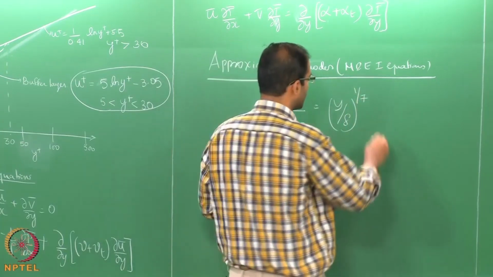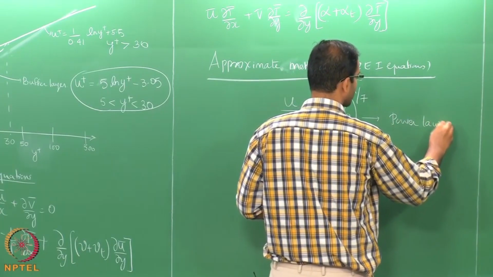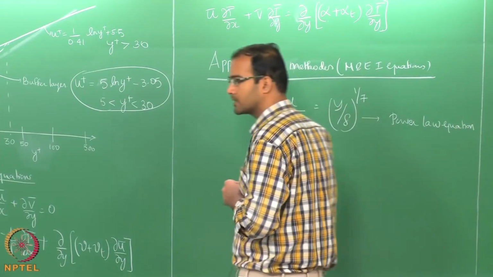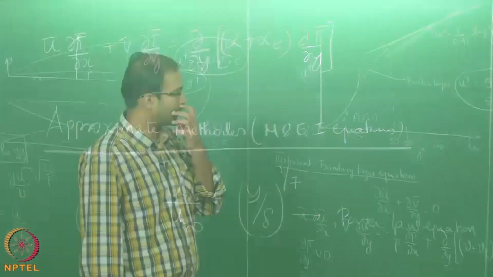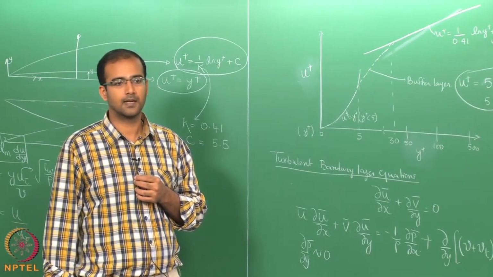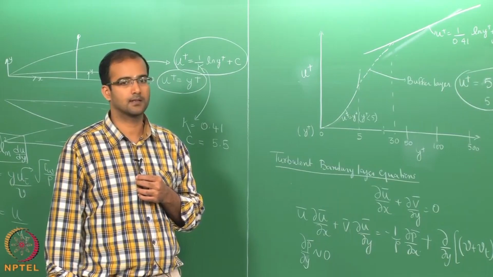So, this is called the famous power law equation. It is a reasonably good assumption for a turbulent velocity profile. Okay. So, this 1/7th power law, however, has a difficulty, unlike your quadratic or linear profile. What is that?